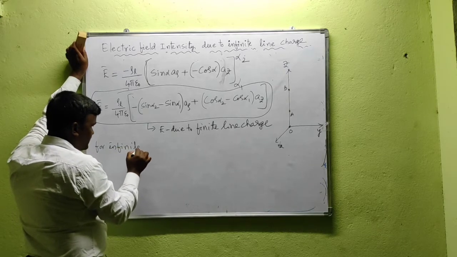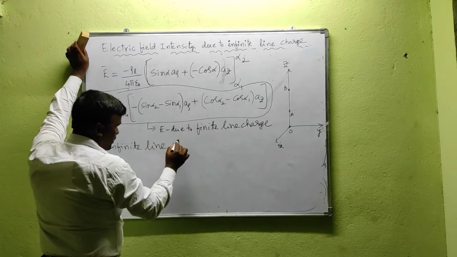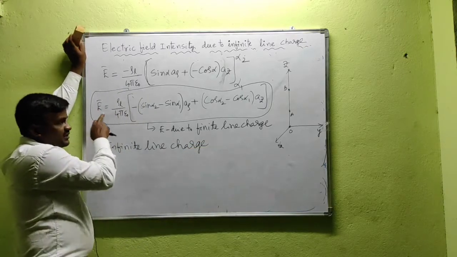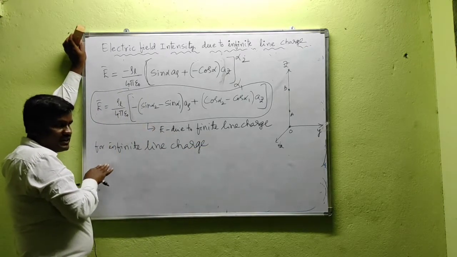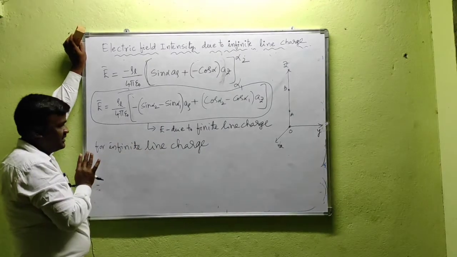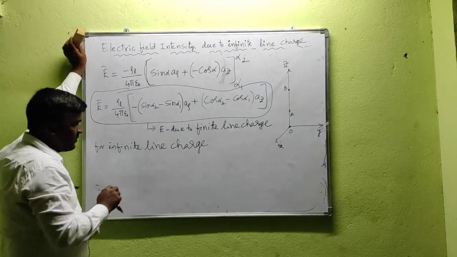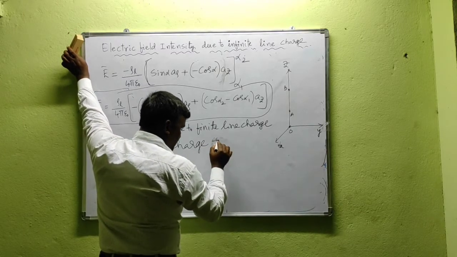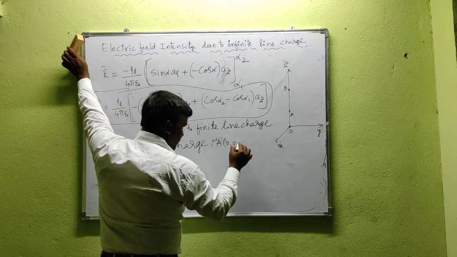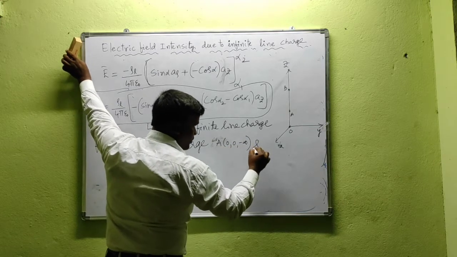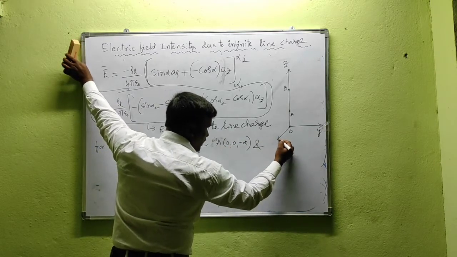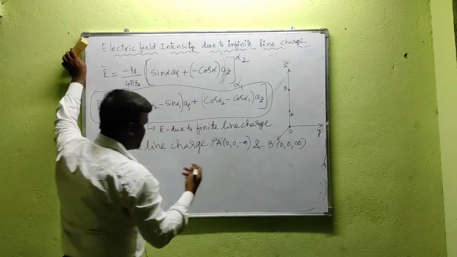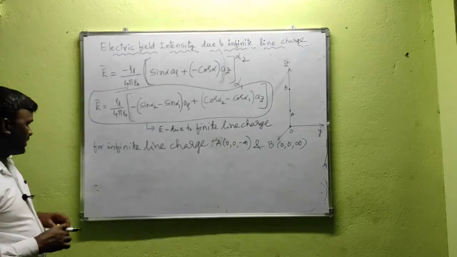In the starting of this lecture I told that initially we will derive the electric field intensity due to a finite line charge, then we will extend our discussion to the infinite line charge. For the infinite line charge, point A is 0, 0, minus infinity, and B should be at 0, 0, infinity.